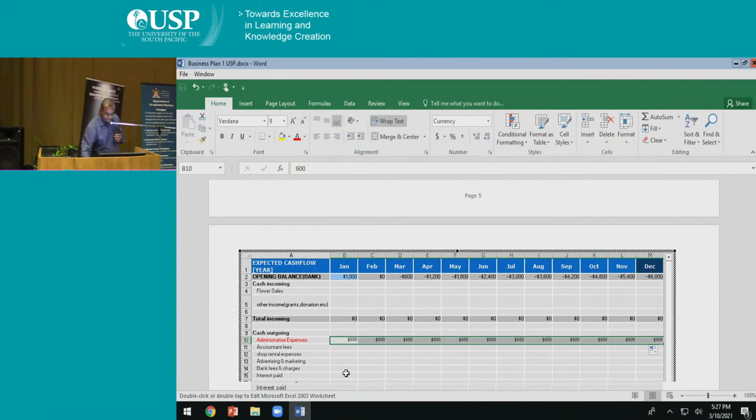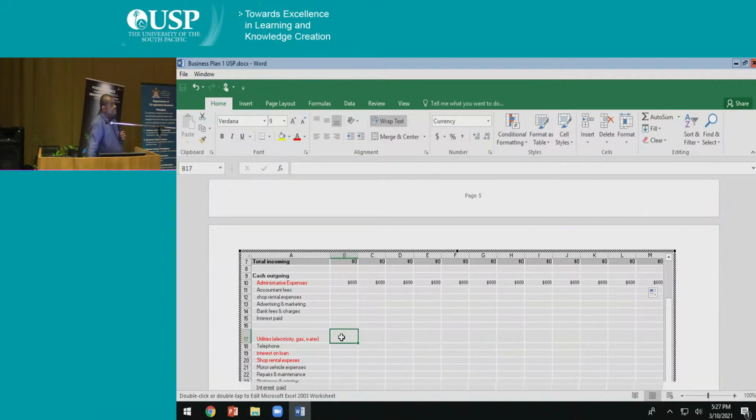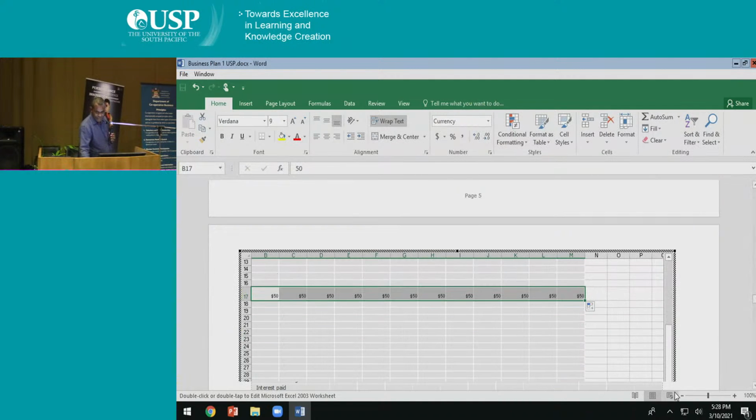Let's move on. She used the electricity. Okay, electricity for 1 month, that is 30, 50. Drag it right through. And that's only why.